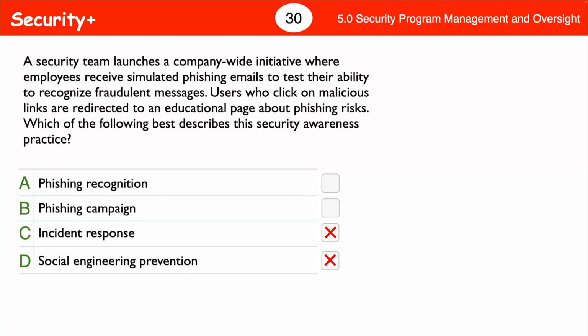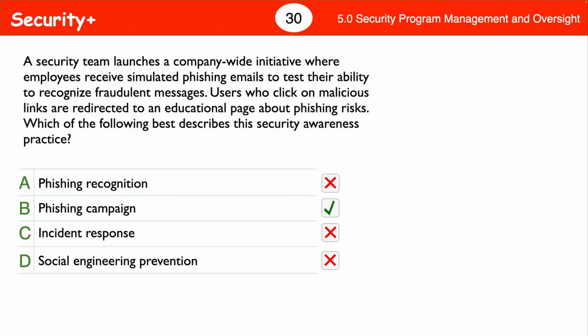And finally, we can rule out and eliminate A, phishing recognition. This scenario describes a structured campaign, not just awareness, right? So that leaves us with B, phishing campaigns. And this is an organized effort to test and train employees by simulating phishing attacks.